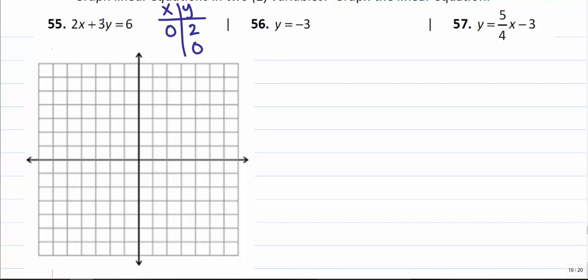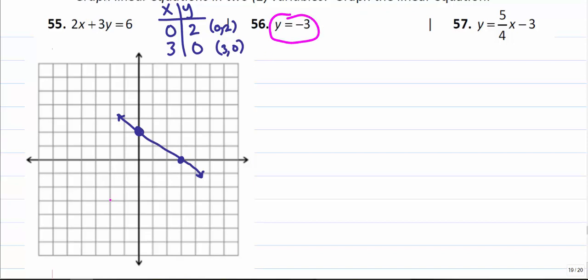Then if I plug in 0 for y, I have 2x equals 6, which means x equals 3. So I've got the point (0, 2), which is right here, and then the point (3, 0), which is right here. Draw my line. I'm done.